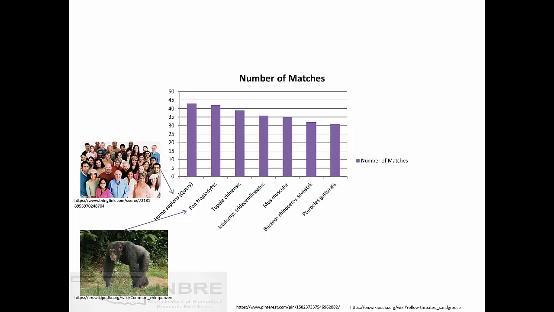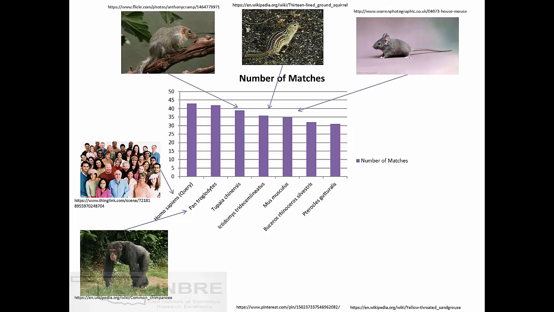Next, let's look at some results for hits with 39 out of 43, 36 out of 43, and 35 out of 43. Another way to look at it, the third bar had 4 mismatches, the fourth bar had 7 mismatches, and the fifth bar had 8. If we take a look at images of these species, we can see that they are genetically more closely related to each other, but more distantly related to our query species. Finally, let's look at the last 2 bars.